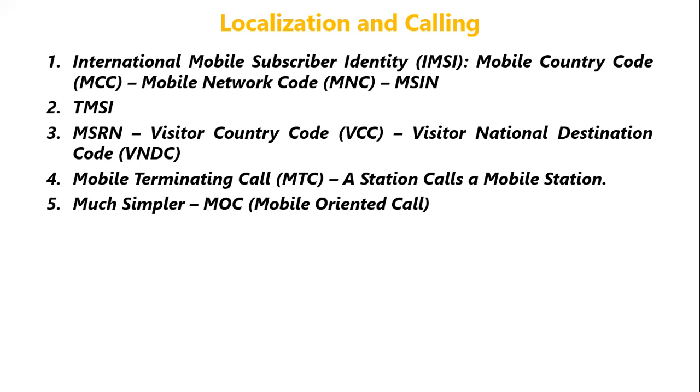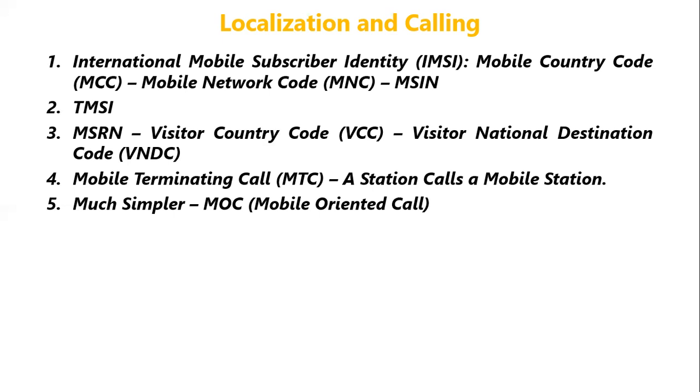There are two things we are going to discuss. One is called a mobile terminated call, and the other one is called a mobile originated call. So we will be discussing two types of call.